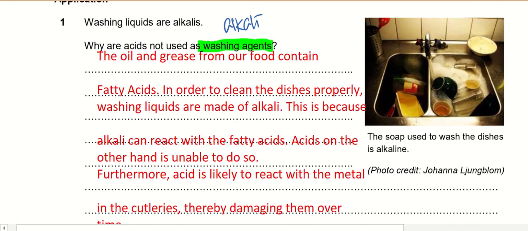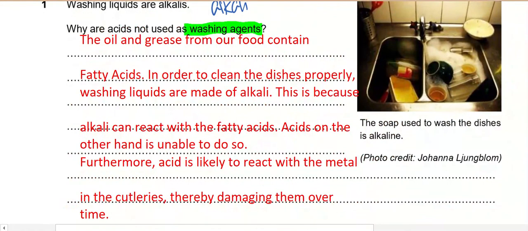Why do we not use acids? Because there might be acids in the food on your dishes. Indeed, the oil and the grease that we consume contain fatty acids. Do you remember when we mentioned fatty acids? Essentially fat, right?